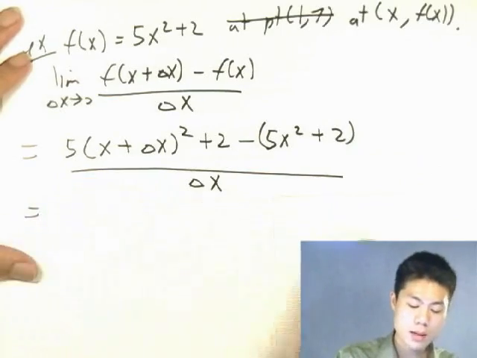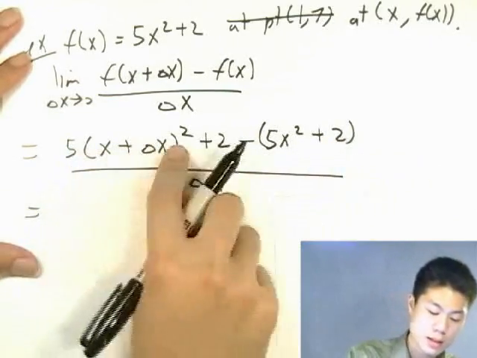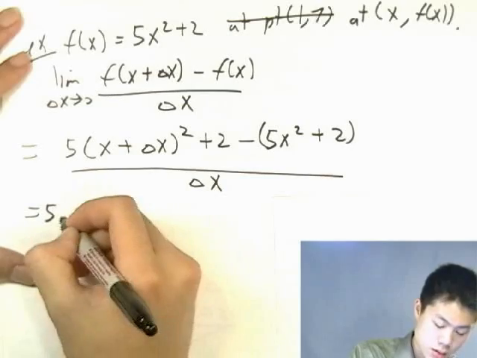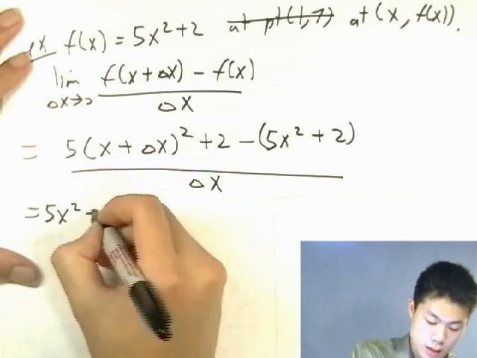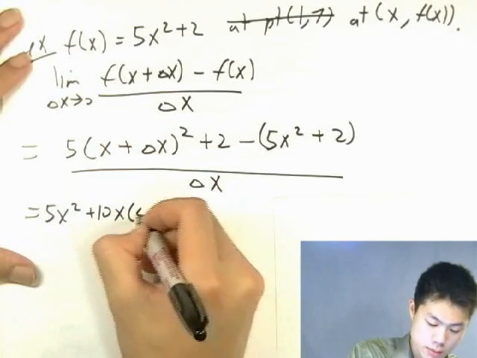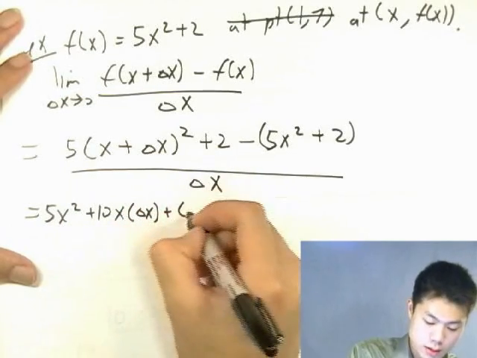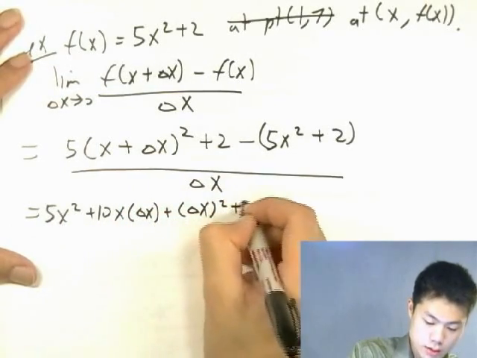Then I'm going to expand this thing here. So that's going to be 5 times x squared plus 10 times x times delta x plus delta x squared, plus 2. I'm going to do that again.